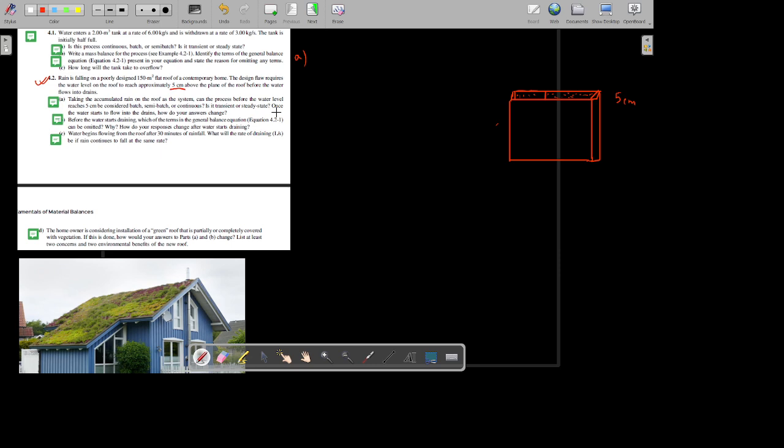So that is our batch process. In a continuous process, the inputs and outputs flow continuously throughout the duration of the process. So this is our continuous process. Now the last one is semi-batch process. Semi-batch process is any process that is neither batch nor continuous. These are our three processes: batch process, continuous process, and semi-batch process.